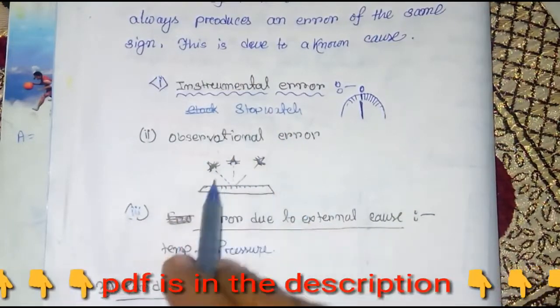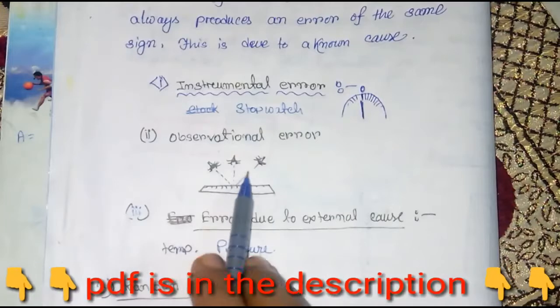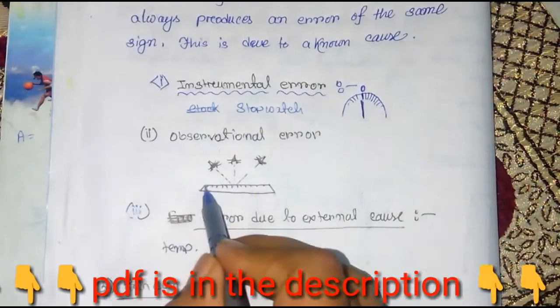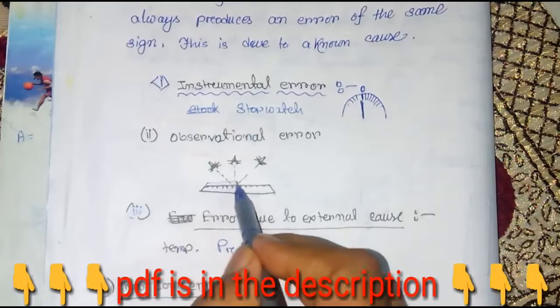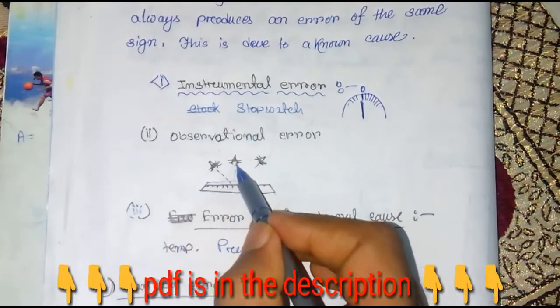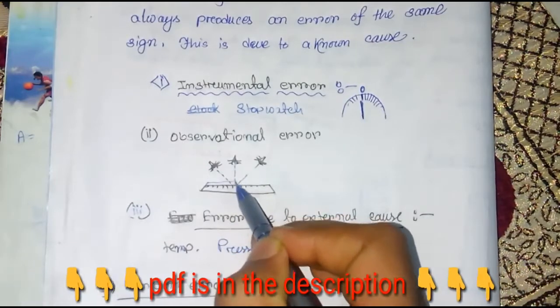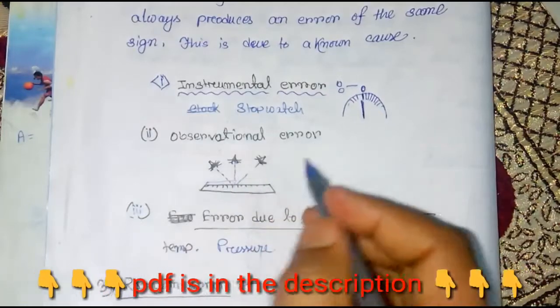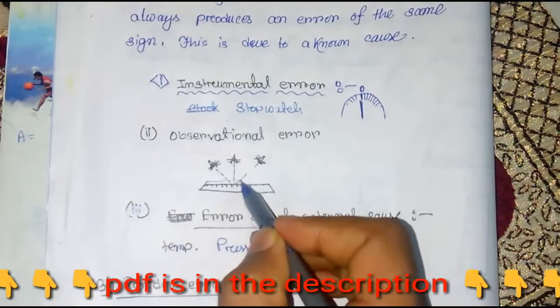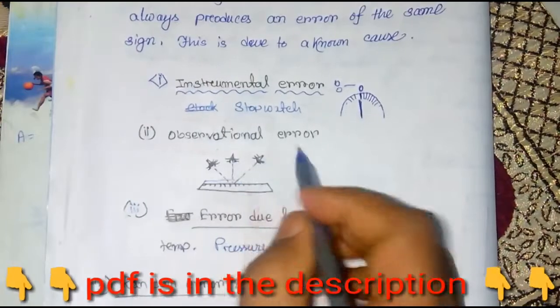Observational error. This is like parallax error. Suppose you are measuring the length of an object with a scale. When you see the scale reading perpendicularly, you get the actual result, but when you tilt your head, you get a faulty result. So this is the observational error.